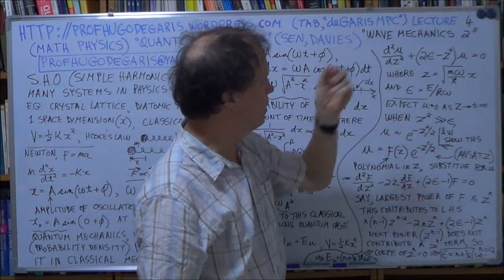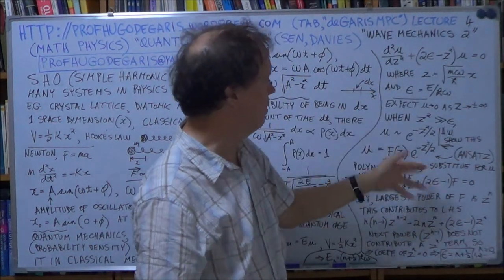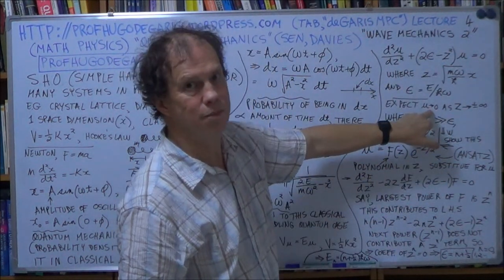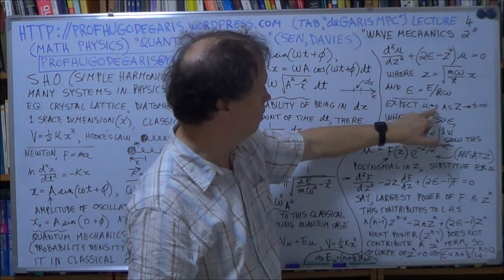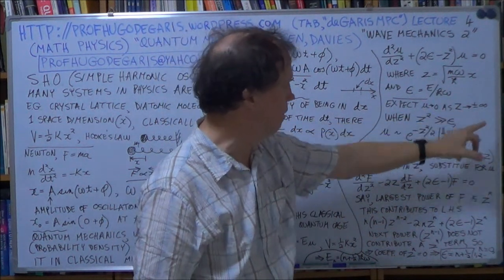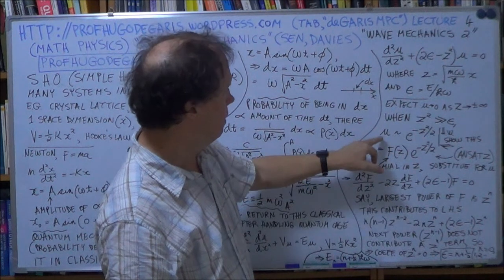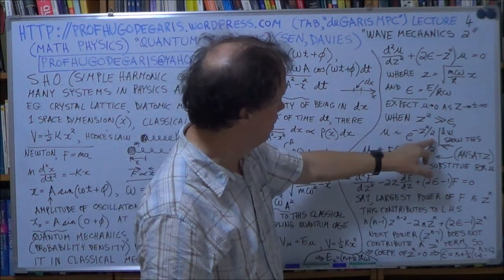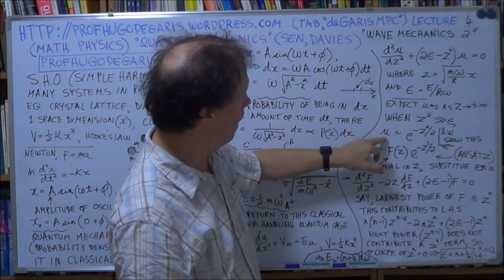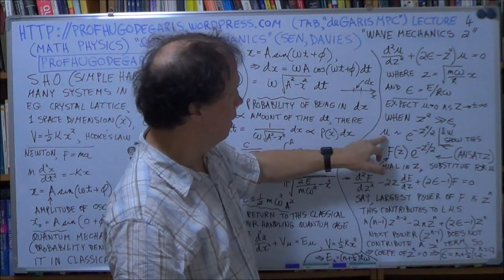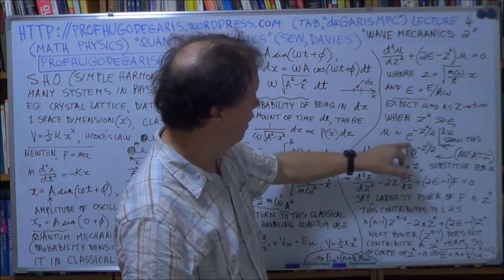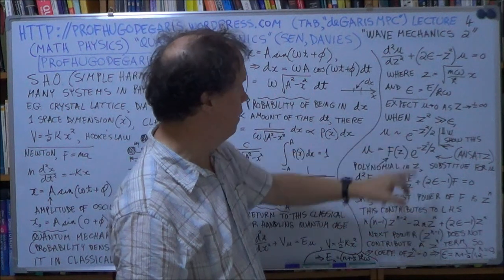All the other terms cancel out. That's okay, because that's assumed. You expect u to be naught as z goes to large values. All right. So here's what your wave function should behave like at large distances.